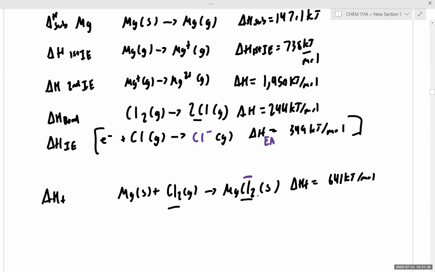Looking at magnesium chloride, how many chlorides do I need? 2. So what do I need to multiply my electron affinity equation by? 2.